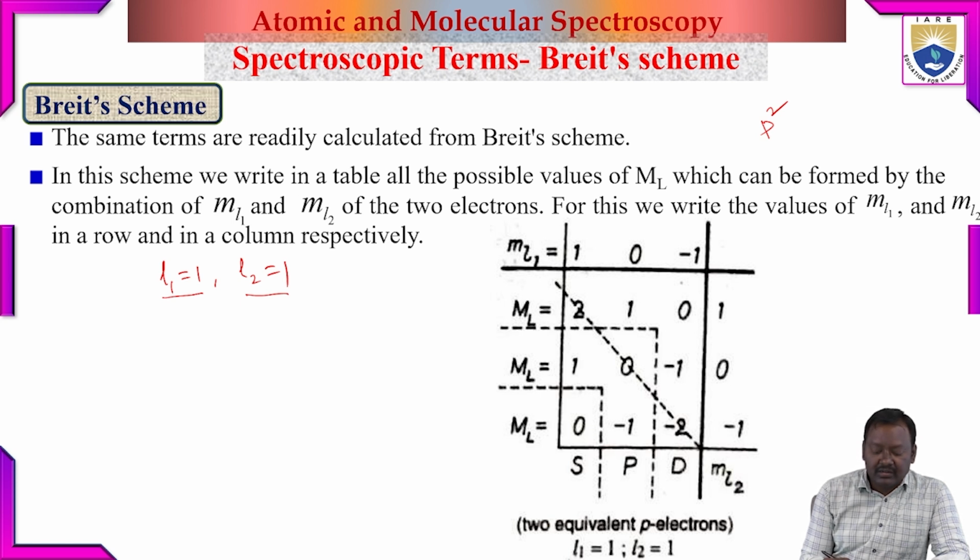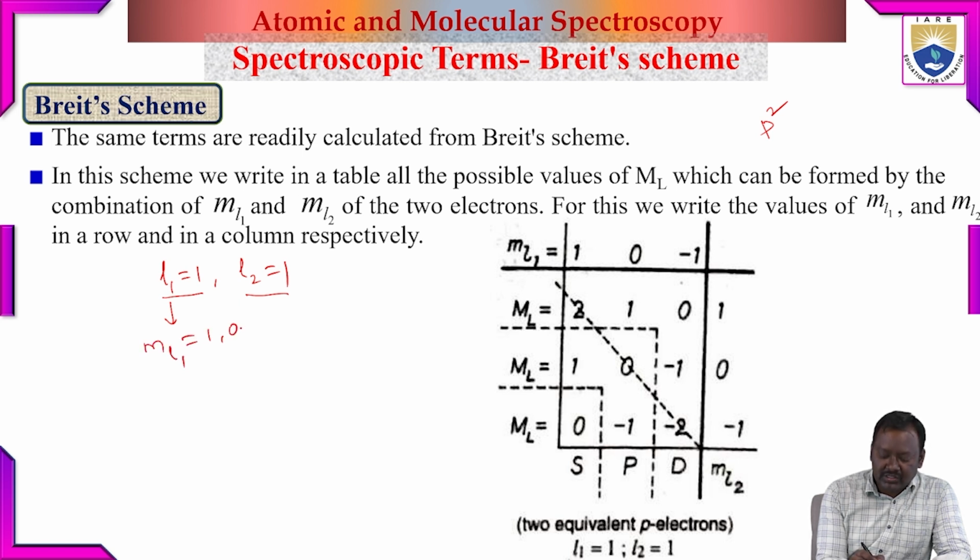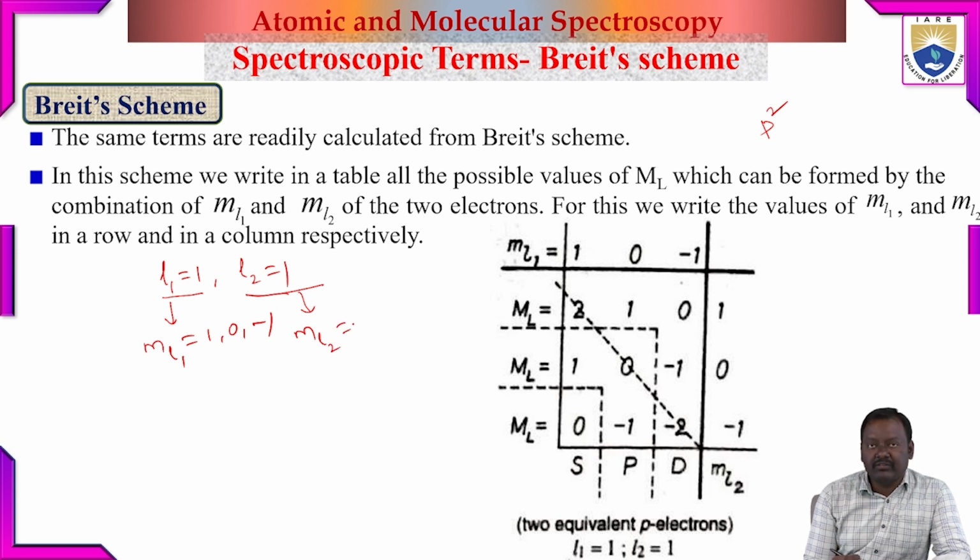Here the possible values for the first p electron, with L1 equal to 1, are ML1 equal to 1, 0, minus 1. The possible values for ML2 are also 1, 0, minus 1, as L2 equal to 1.